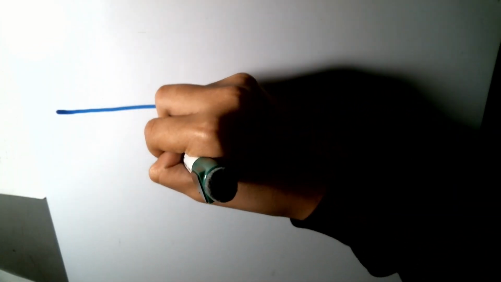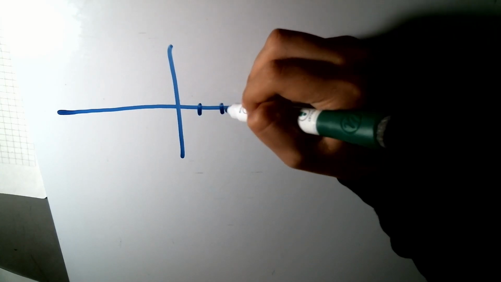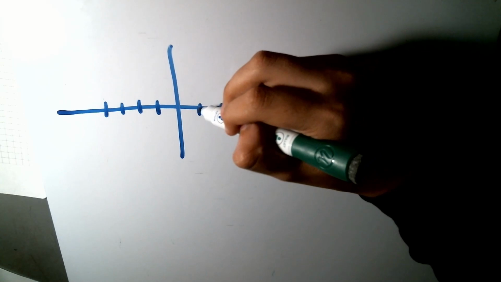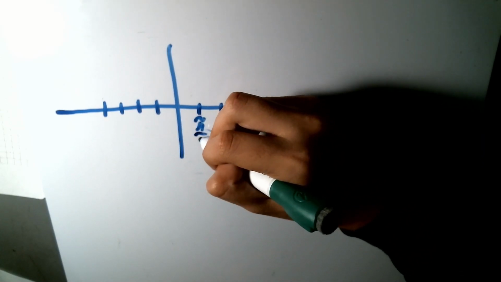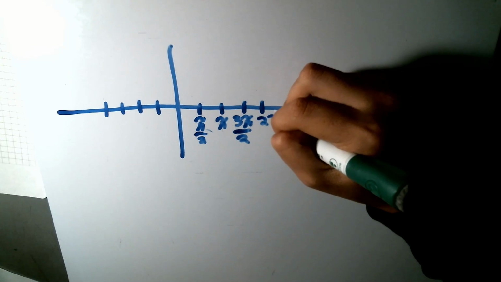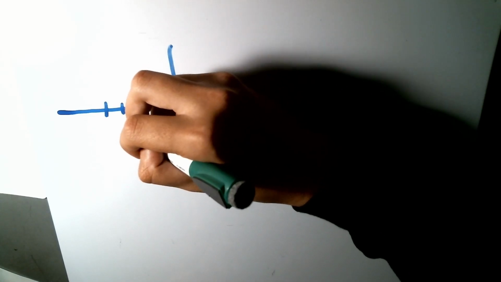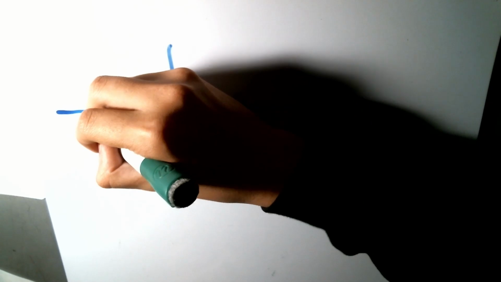No, I did not have to erase it. 3 pi over 2 and 2 pi, and minus pi over 2, minus pi, minus 3 pi over 2, minus 2 pi.